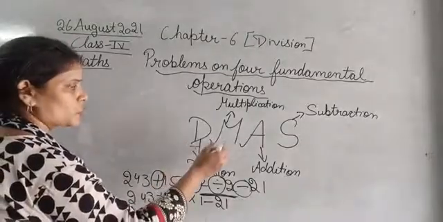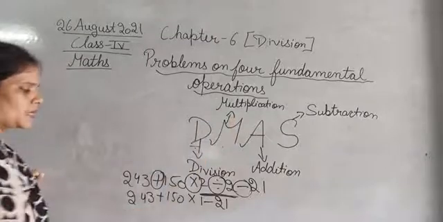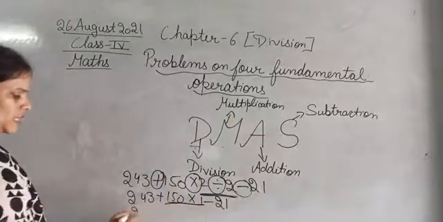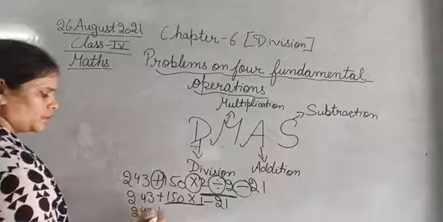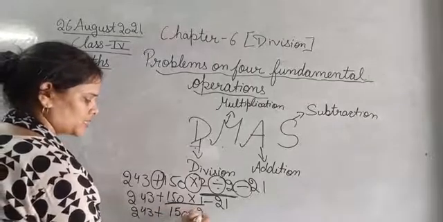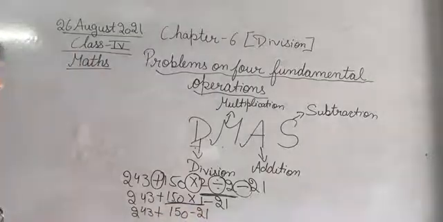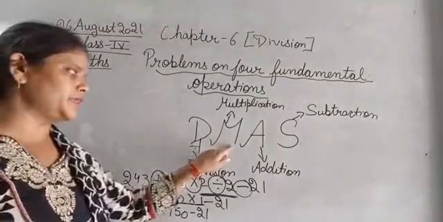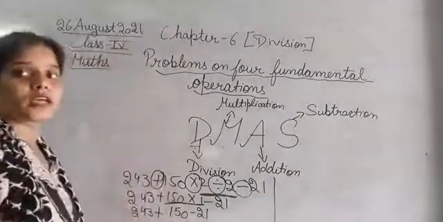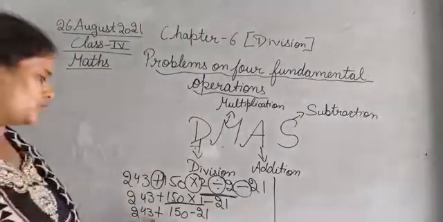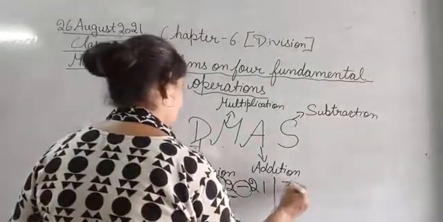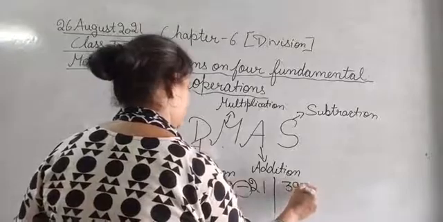Then after D we will use M. M means multiplication. That means we will multiply 150 by 1, which is 150. So it becomes 243 plus 150 minus 21. Division done, then multiplication. Next is addition. Now we are going to add 243 and 150, that is 393.